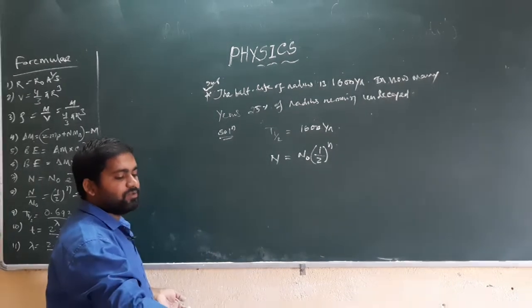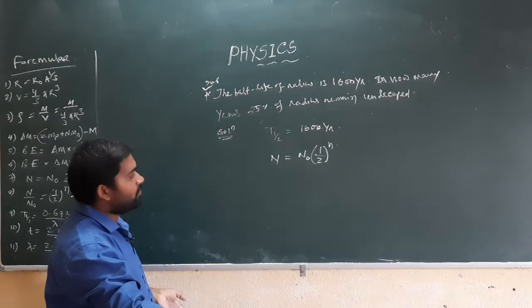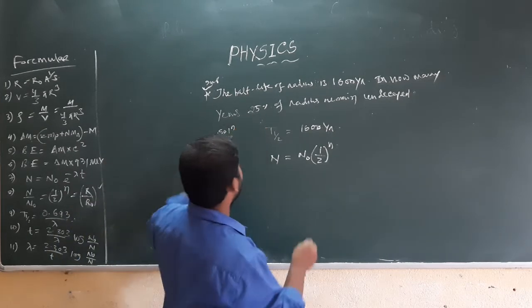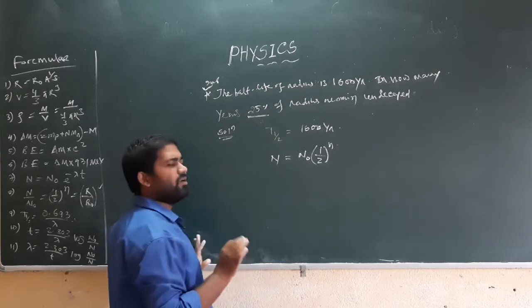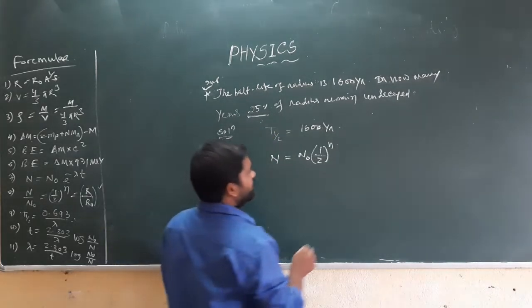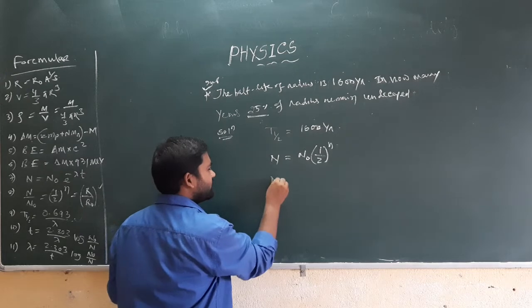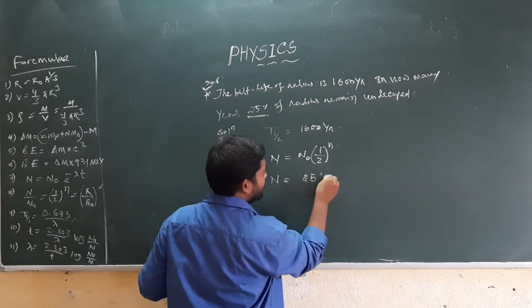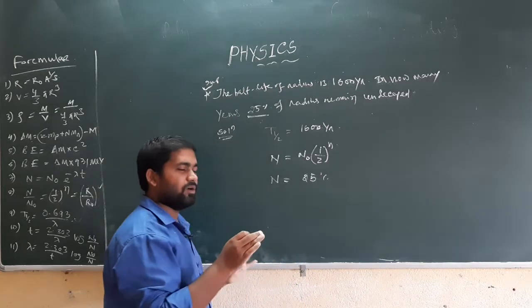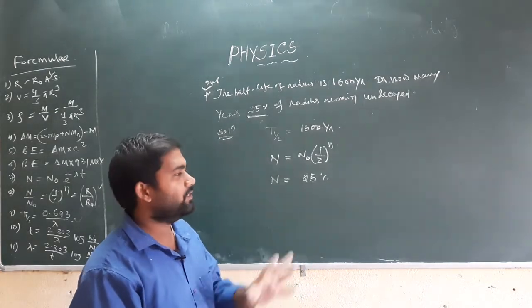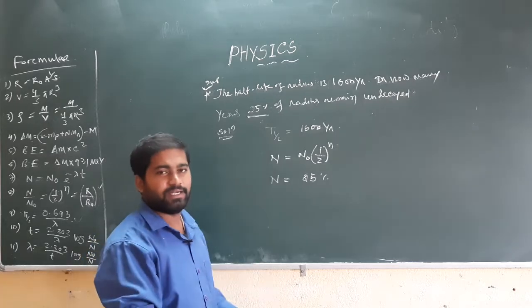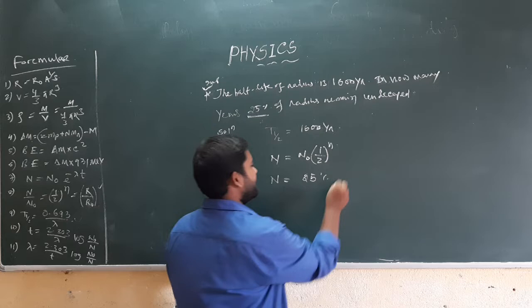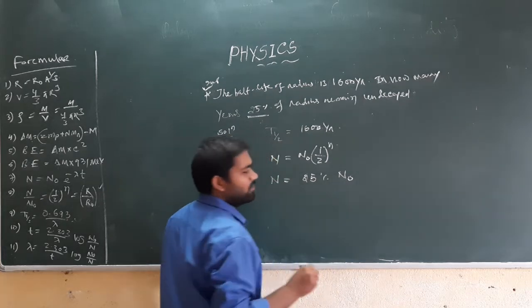But given here, 25% remains undecayed. 25% remain undecayed means we can say N equals 25%, and that means the number of samples undecayed. N is the number of sample undecayed, or remaining sample, 25% of its initial value.